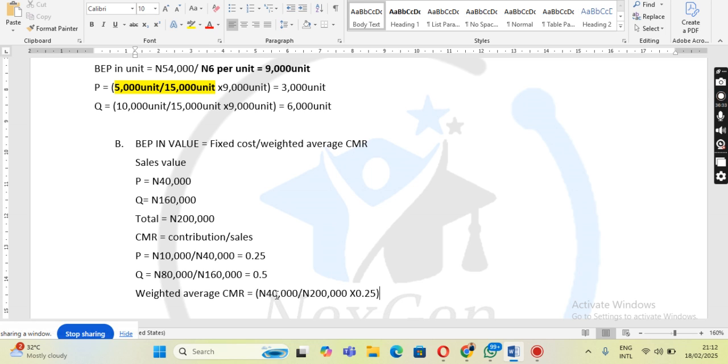Close the bracket, plus the next one, 160,000 divided by 200,000, times the CMR, which is 0.5. What is the weighted average CMR? 0.45.